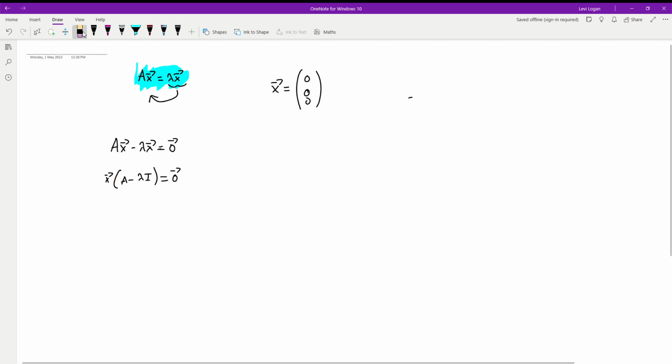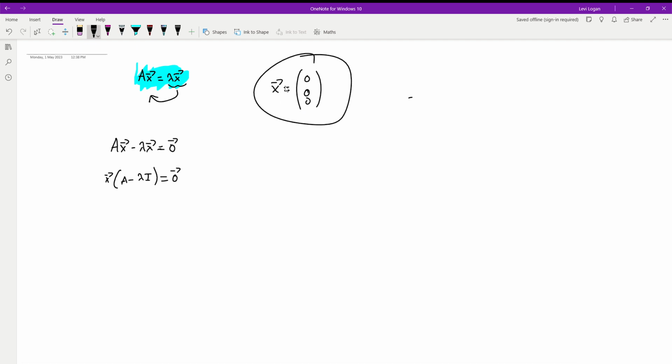We are looking for vectors such that this vector is not equal to the 0 vector. So if this matrix was invertible, we'd have the vector multiplied by the inverse of whatever this matrix is, multiplied by the inverse on this side, multiplied by the 0 vector.